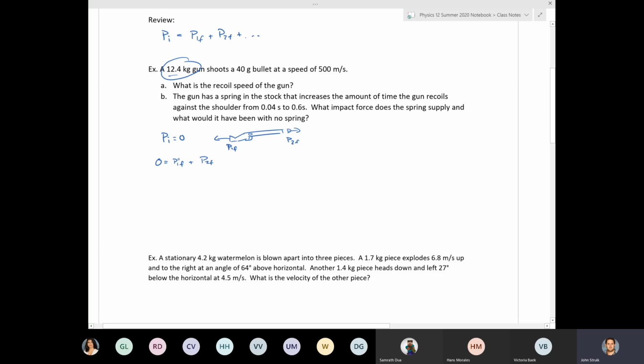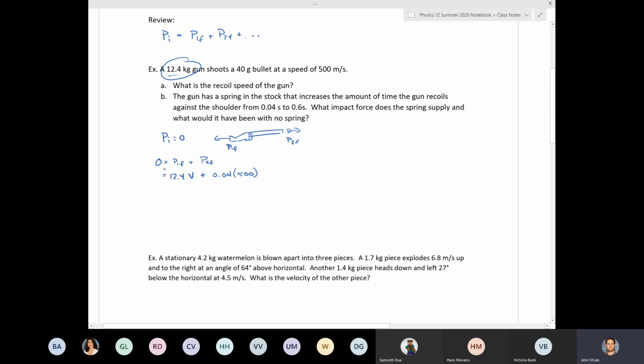P1F is going to be the mass of the gun, 12.4, times its velocity, plus the mass of the bullet times its velocity, so 0.04 kilograms times 500 meters per second.